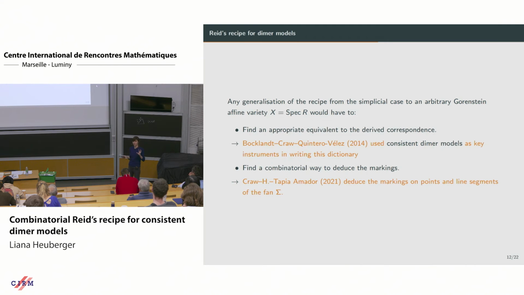Kind of, this has somehow to do with variation of GIT. You can build these moduli spaces by varying the stability condition. But in this project, we will fix the stability condition so that our context is a bit more rigid.